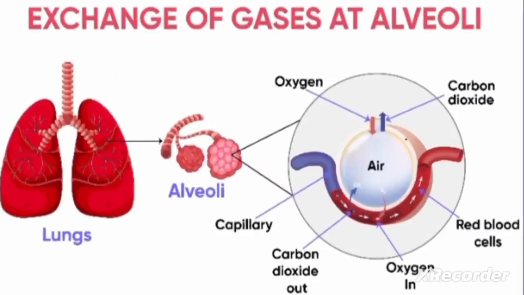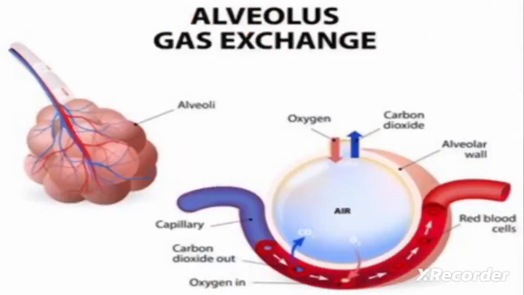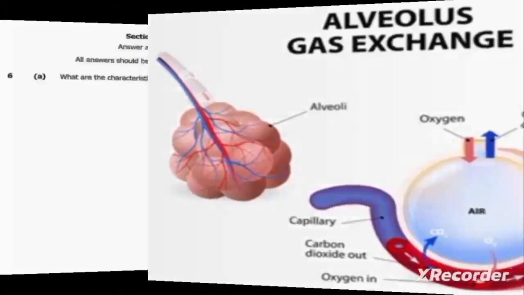The alveoli are one cell thick, so that the distance of diffusion can be reduced. Then the surface is moist, so that carbon dioxide and oxygen can dissolve, so that exchange of gases can be enhanced.